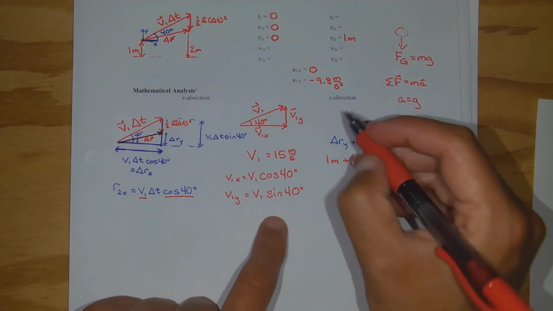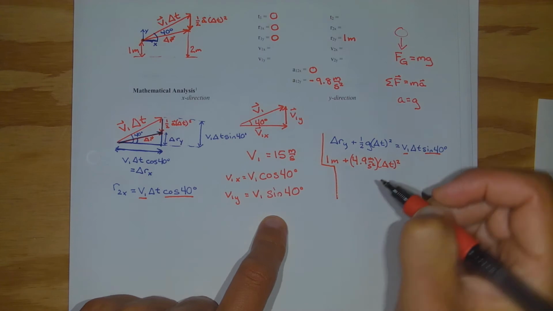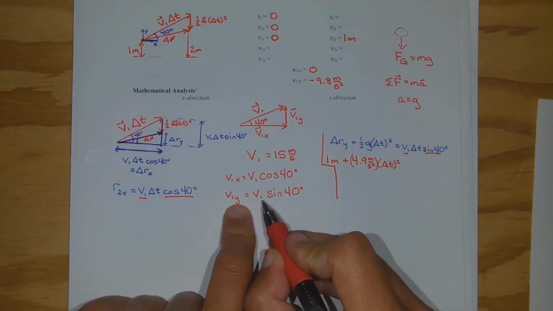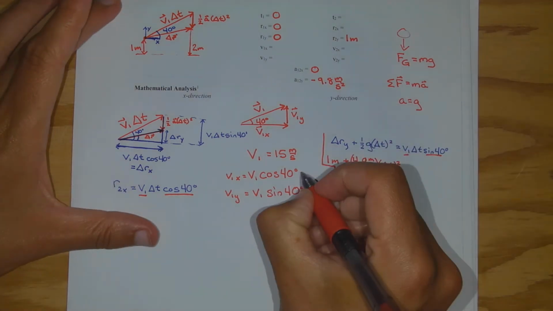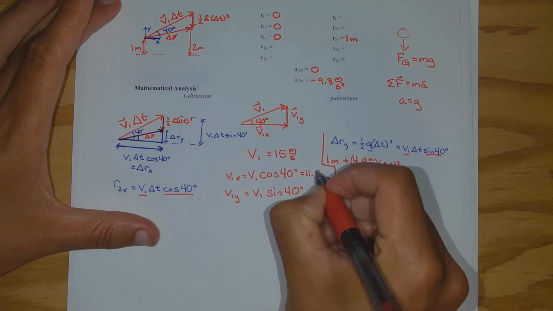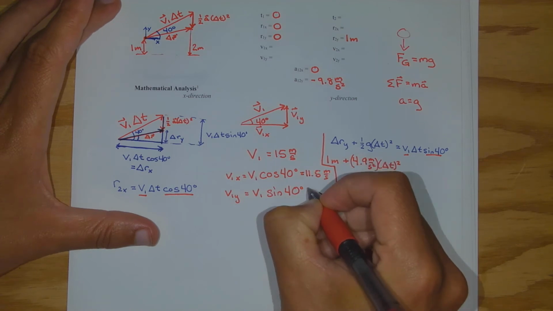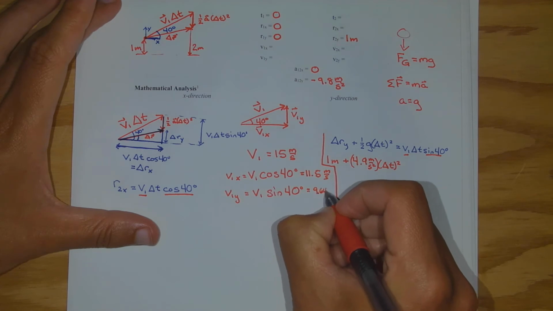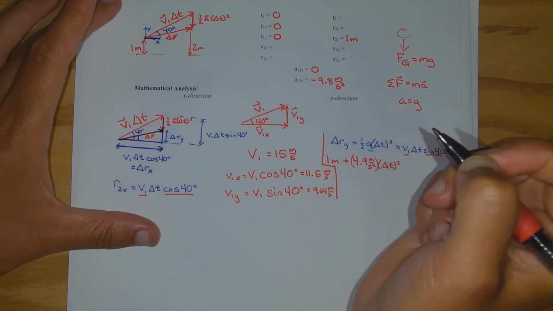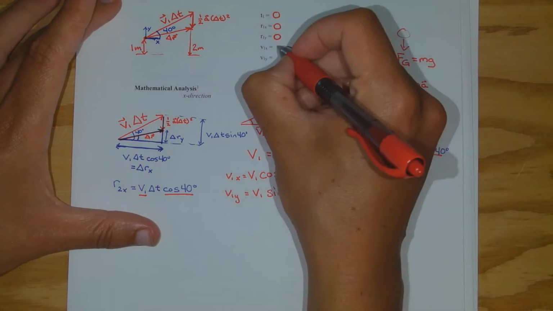I had v1x and v1y here, which I'm going to need to find for the table. So if you plug that in your calculator, for v1x you should get 11.5 meters per second, and for v1y we get 9.64 meters per second, and we can put that in the table also.